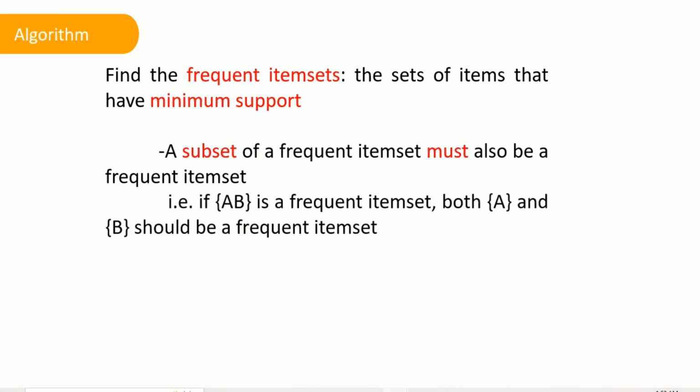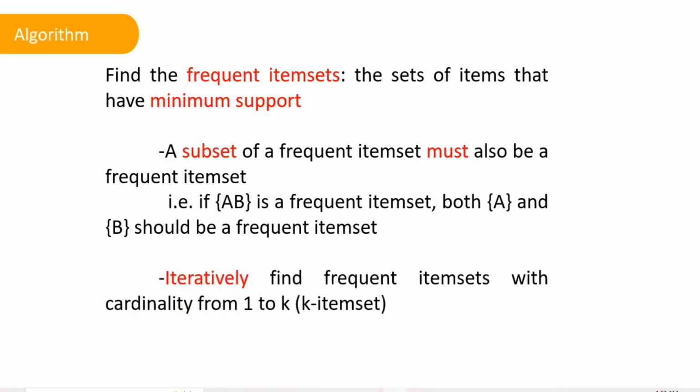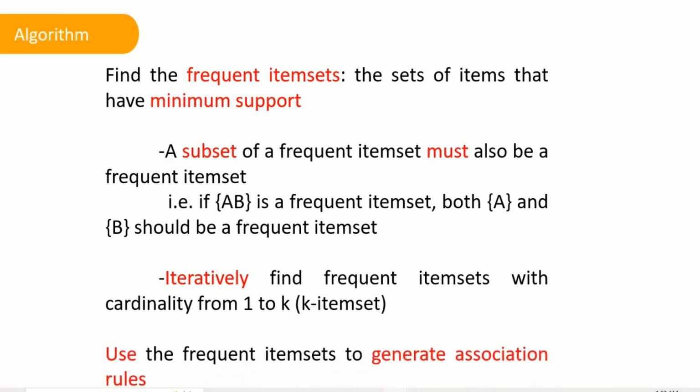That is, if set AB is a frequent item set, then both the individual sets, that is set A and set B, should also be frequent item sets. And we need to iteratively find frequent item sets with cardinality from 1 to k, where k represents the number of items in a particular item set. After that, we use the frequent item sets to generate association rules.